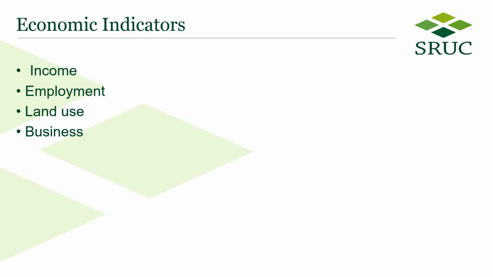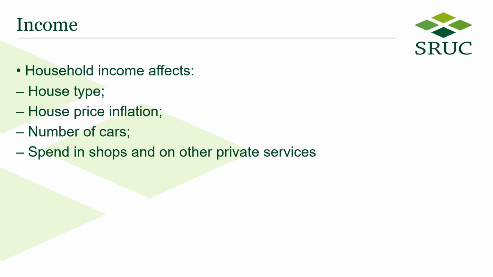Okay, let's now look at the criteria for economic indicators. In particular, you'll be asked to investigate income, employment, land use, and business. So in terms of income, household income affects house type, house price inflation, number of cars that you may own, and also spending in shops and on other private services.